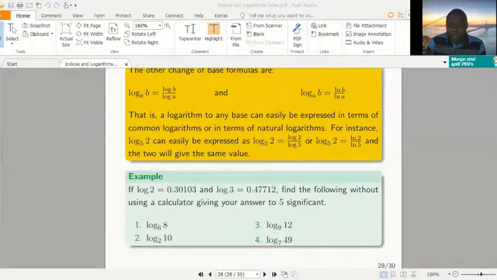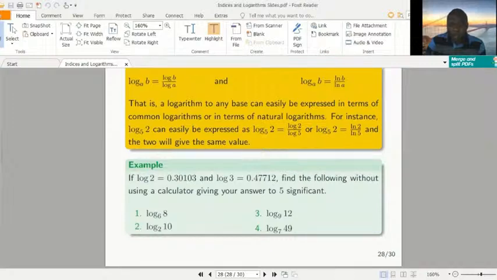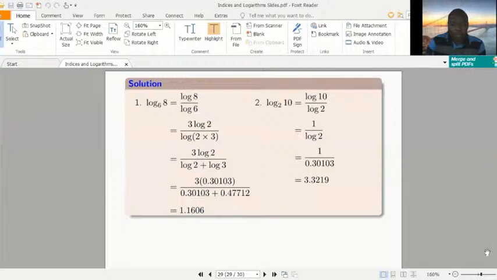So let me just show you now what I did, because you already know how to do most of these things. I'm just introducing that. I've just said that the log of 8 to base 6 is the same as log of 8 over log of 6.